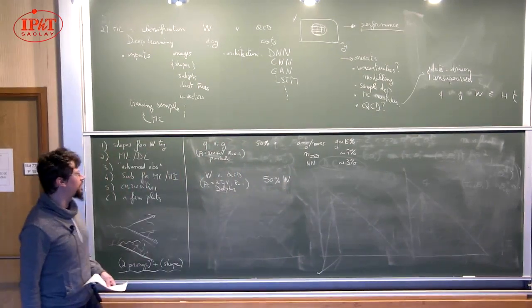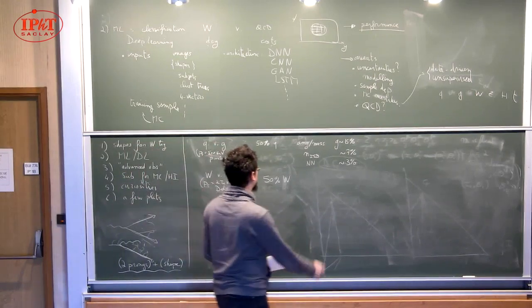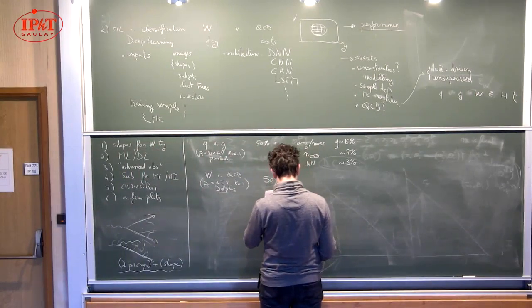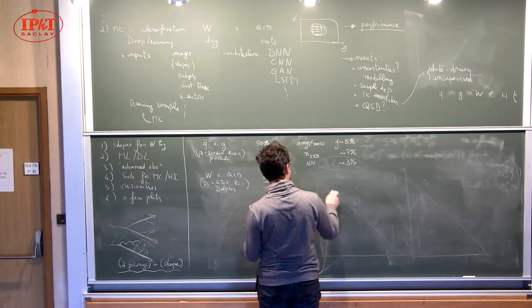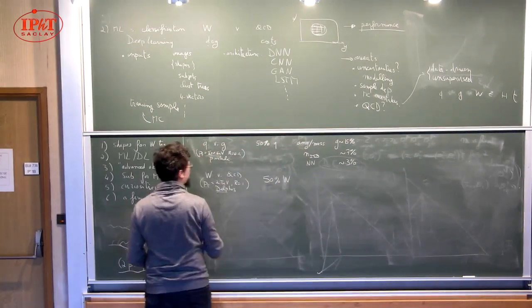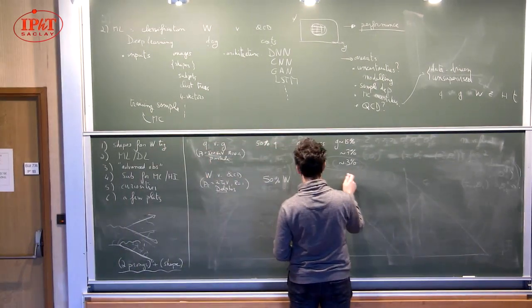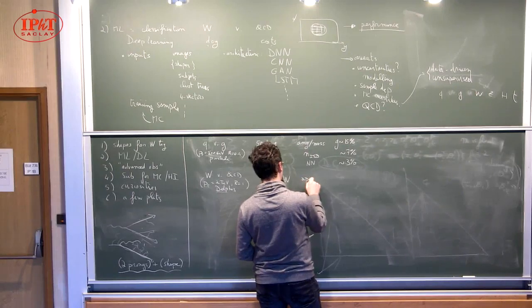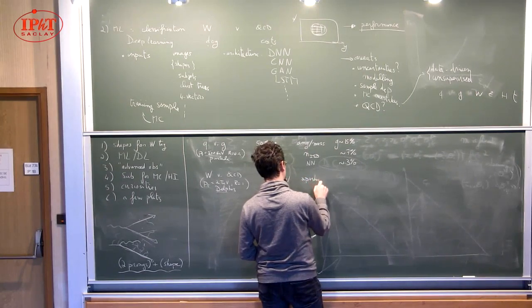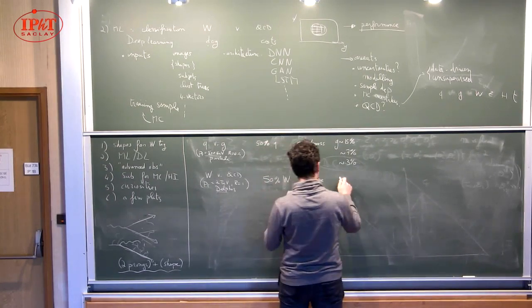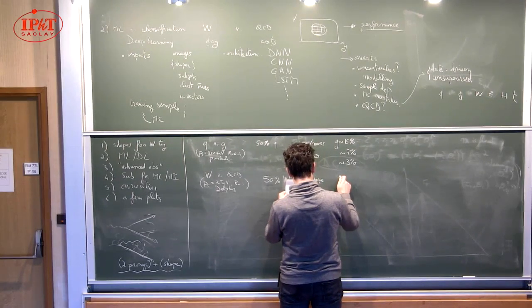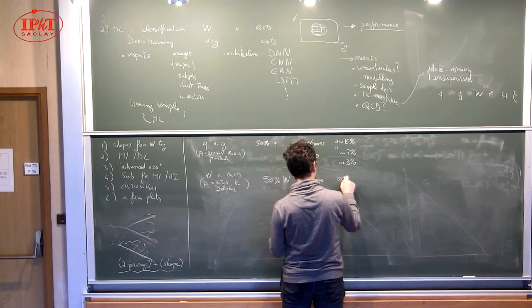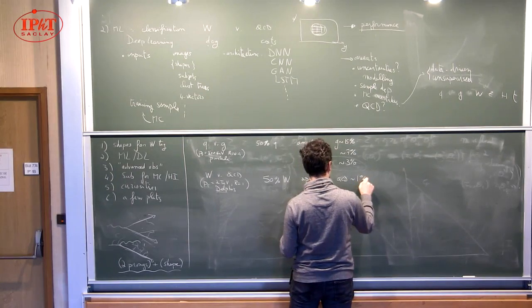So again, working at the working point where you have 1 W out of 2, if you do something like a good shape plus groomer, so 2 prongs plus shape, you can reach essentially a region where you have a QCD around 1%.